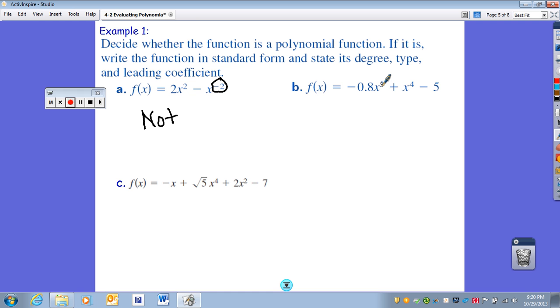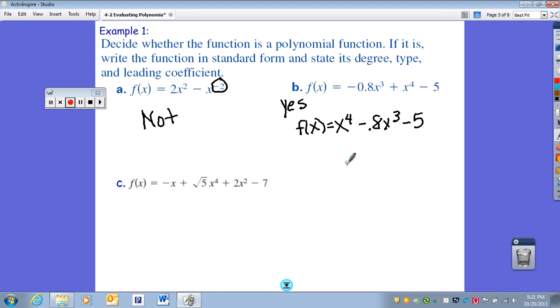Let's take a look at letter B. First of all, if we look at all of the exponents, they are whole numbers, and the coefficients can be real numbers. So it looks like this is, yes, this is a polynomial function. If we put it in standard form, we want to start with our largest exponent term. So that's going to be x to the fourth, then minus 0.8x cubed minus 5.